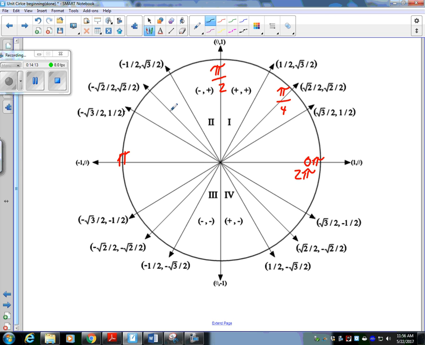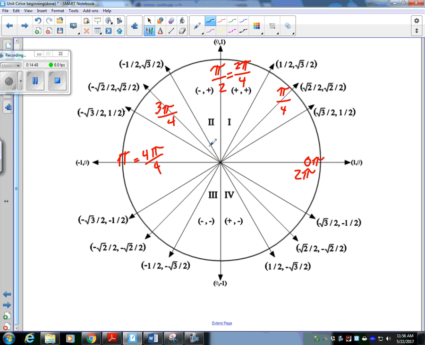So this is the same thing as 2 pi over 4 at 90 degrees, and pi is the same thing as 4 pi over 4. I'm just doing this to make it easier to see what 3 pi over 4 would be. Halfway in between 4 pi over 4 and 2 pi over 4 will be 3 pi over 4. So right here. If you don't like radians, you can go to degrees if that helps you find which angle, which ray, we're talking about.